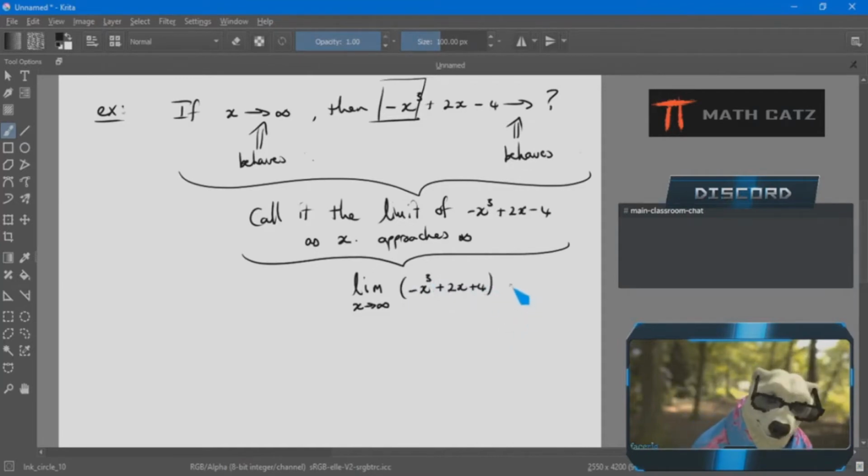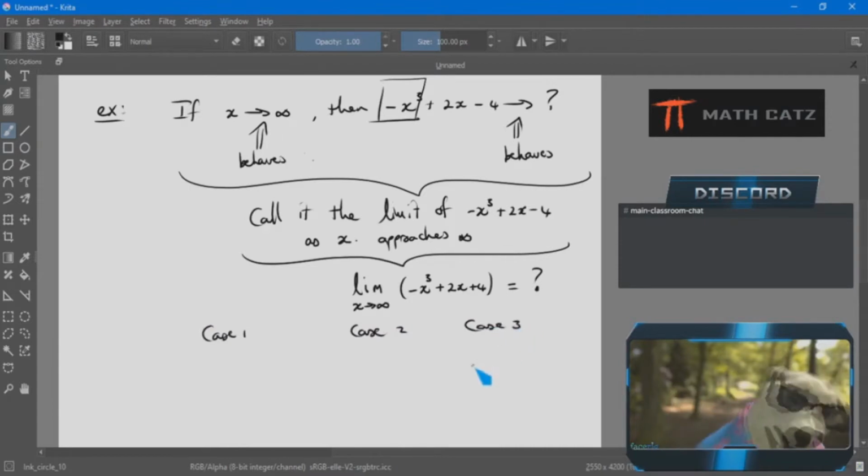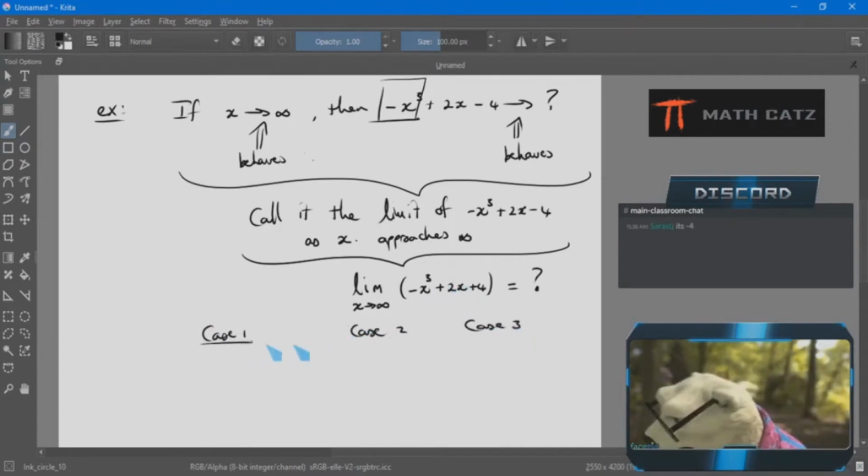And then I'm going to ask, what is that equal to? So this question mark is now the same. Okay. So there are three cases. Let's say here, case 1, case 2, and case 3. And we're going to do examples and see what the answer could look like.